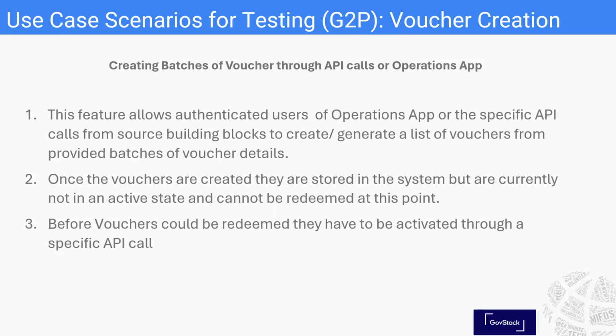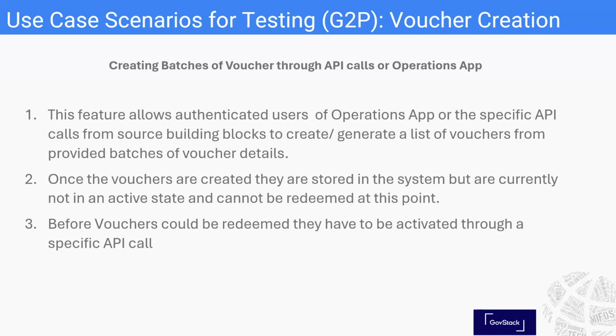During this scenario, the source building block also ensures that it has provisioned sufficient funds within the payer FSP account from where those vouchers would be eventually redeemed, and that amount is also communicated to the payment building block, the voucher engine within the payment hub, so that once the voucher request comes in, it is checked whether the amount matches for the voucher creation request, and those vouchers are then eventually created. So there are a set of validations that are performed at the end of the voucher engine.